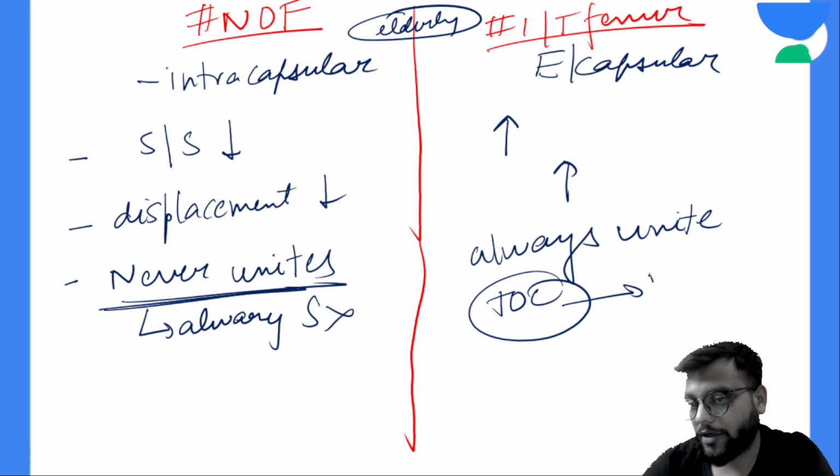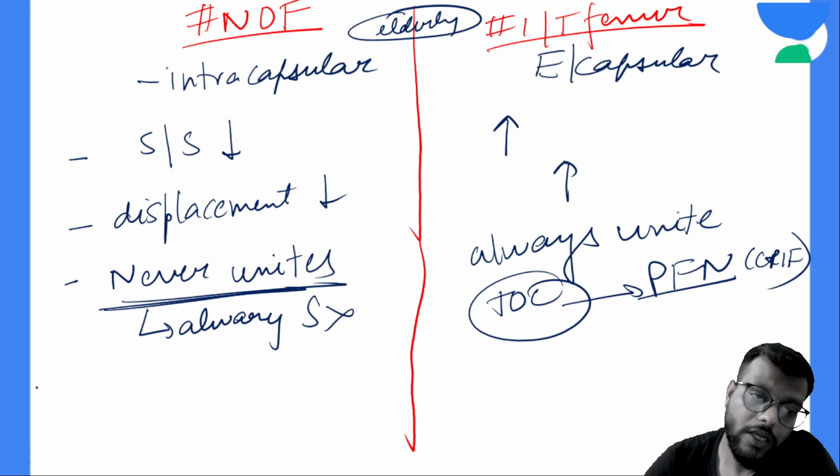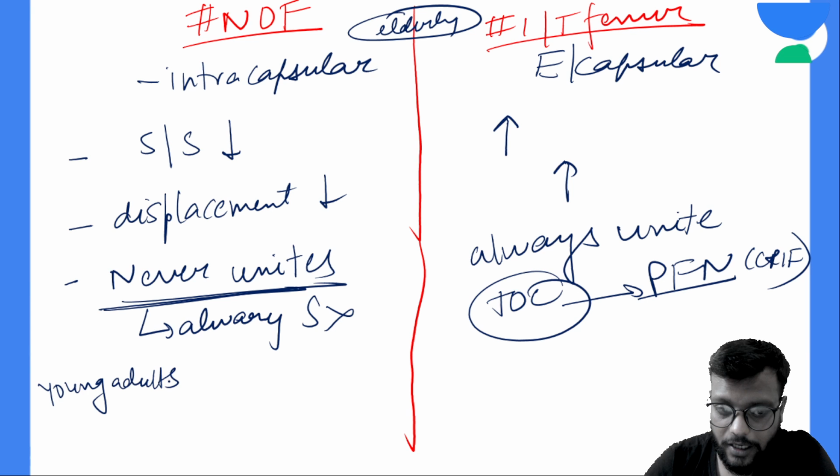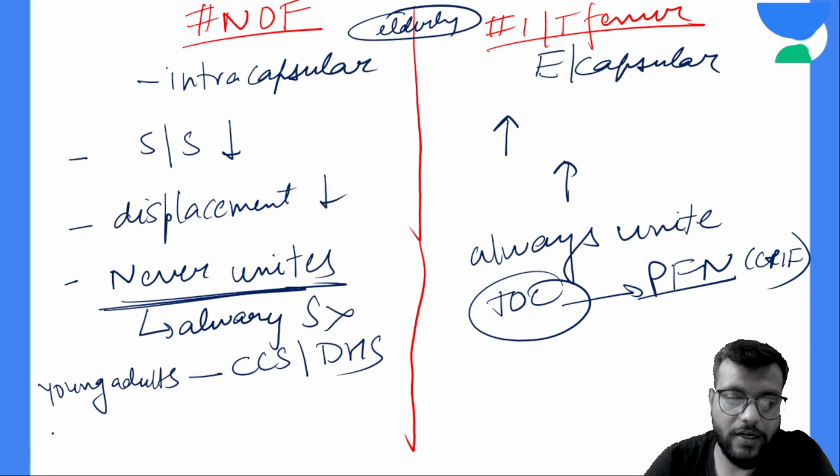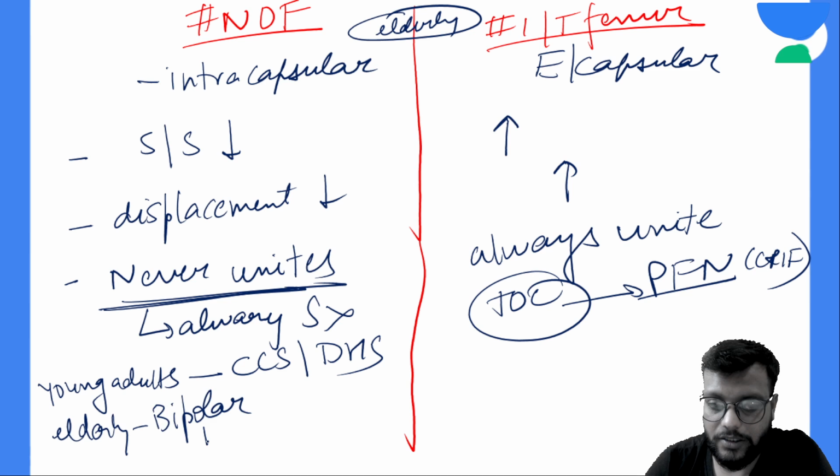Okay, now here the treatment of choice in young adults, as we have discussed earlier also, is corticocancellous screw or the DHS, whereas in the elderly population you have to go for the bipolar hemiarthroplasty. And what is the difference between hemiarthroplasty and complete arthroplasty or total hip replacement?